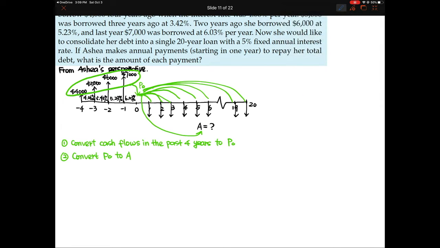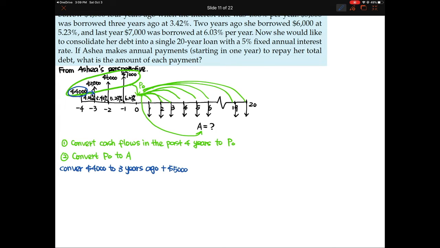The first step, you convert this 4,000 to 3 years ago, and plus the amount of 5,000.